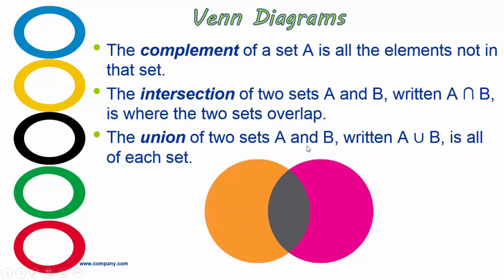And the union of the two sets, A and B, written as A union B, is all the members or everything in each set. So that means it would be this circle and this circle, everything together inside the circles.